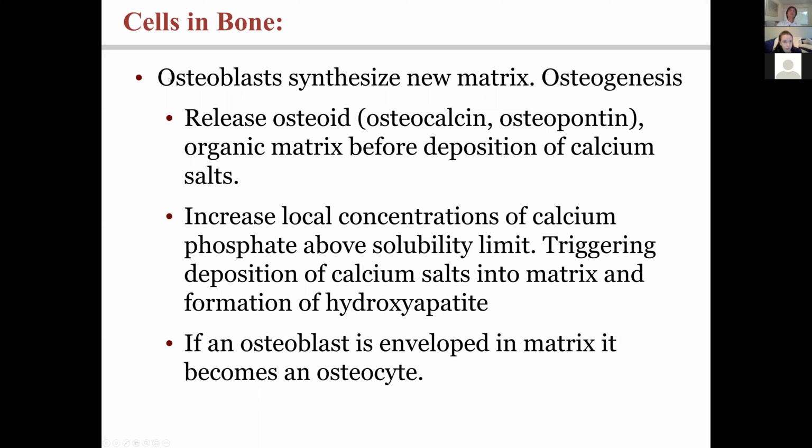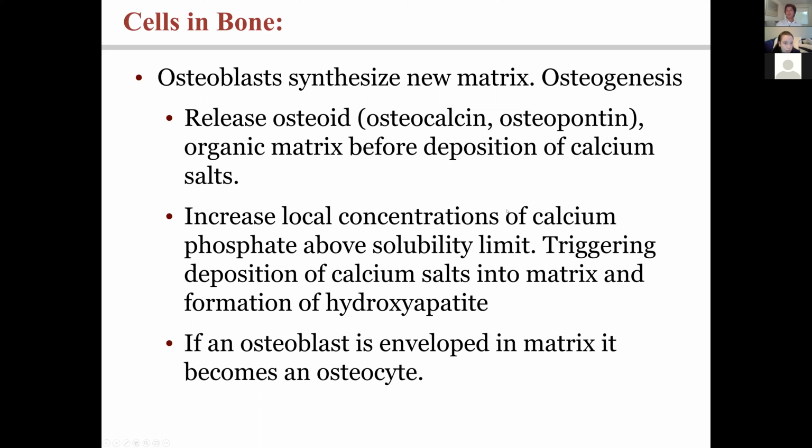So here we are looking at osteoblasts. They will produce matrix. They will release osteoid, which contains organic components as well as collagen.